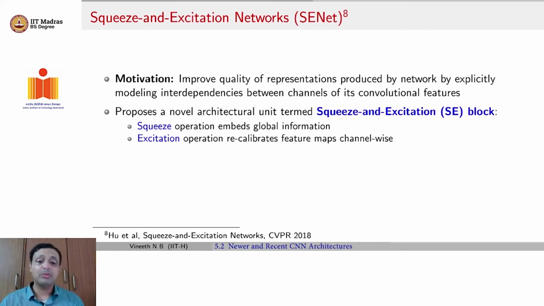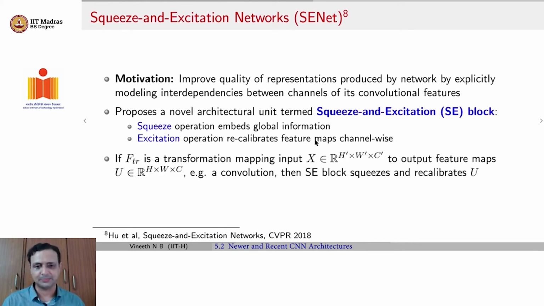This was achieved by the introduction of a new architectural unit known as a squeeze and excitation block, or an SE block, which consisted of 2 operations: a squeeze operation, which embeds global information, and an excitation operation, which recalibrates feature maps channel-wise. Let's see how this happens.